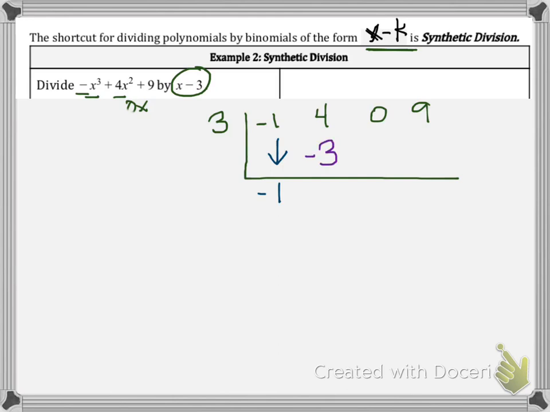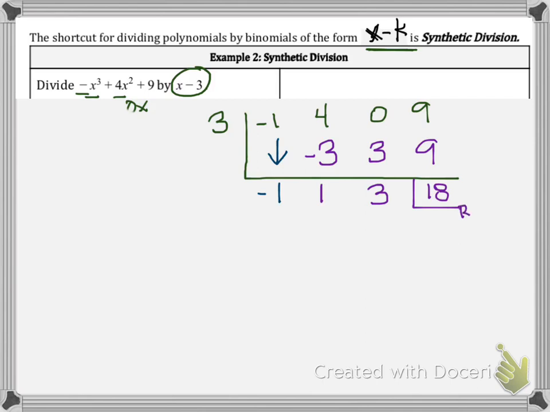We put it inside here. Now we add: 4 minus 3 is 1. Then we repeat. 3 times 1 is 3, and that goes here. Then we add: 0 plus 3 is 3. Then repeat: 3 times 3 is 9, and it goes here. Then we add: 9 plus 9 is 18.